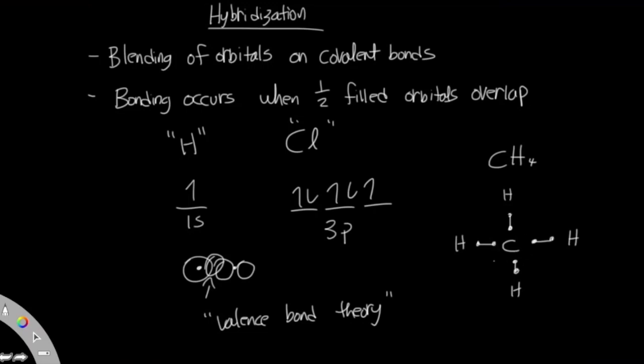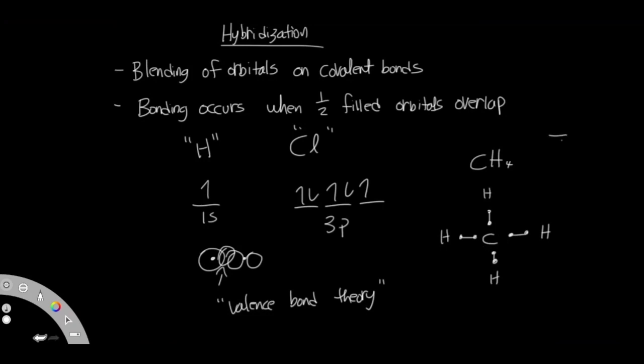Let's deal with the central atom first, the carbon. It's 1s, 2s, 2p: let's count 1, 2, 3, 4, 5, 6. So carbon here on its valence has 2. Carbon only wants to share 2 electrons, but experiments show that it makes 4. I know this whole thing here is the valence electrons, but these are the only ones that are unfilled.